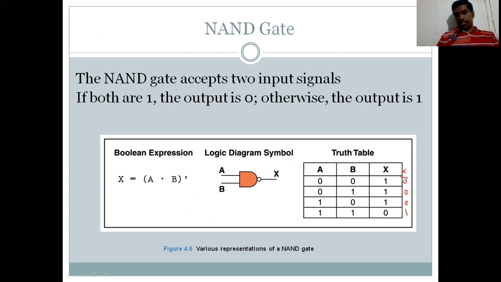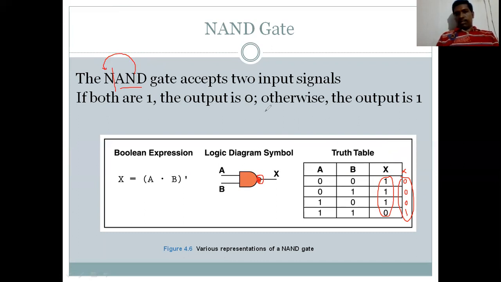And for the NAND gate, just the opposite of these values: we got 0001, and now we will get 1110. See here, suppose if this bubble is not there, then this will be a small AND gate. For this AND gate, if you add a bubble here, that will become your NAND gate. NAND is nothing but NOT plus AND gate. If you take an AND gate and that AND gate is being linked with a NOT gate, then that will become your NAND gate.